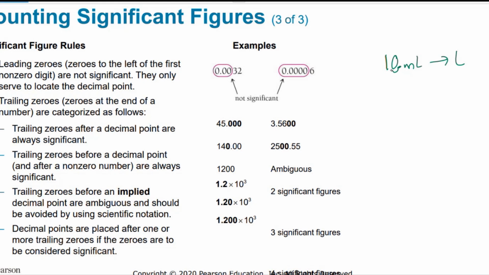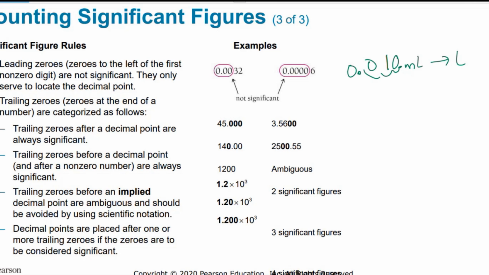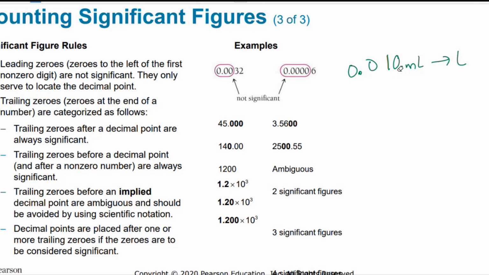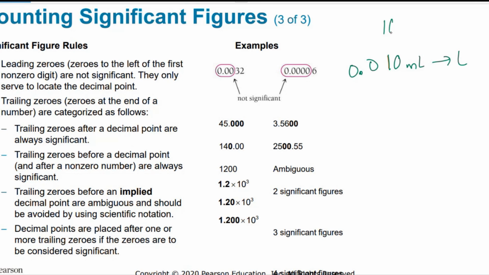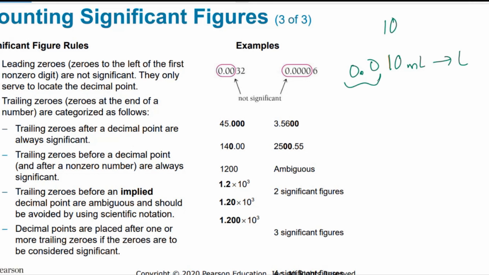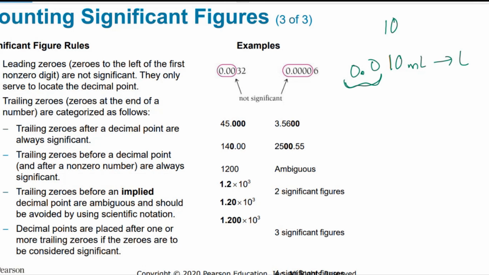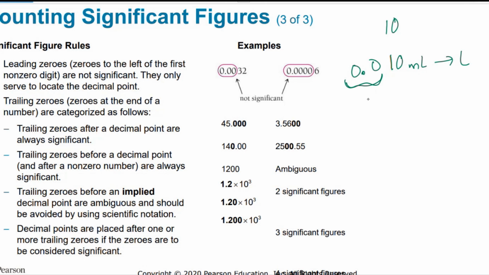So I have to put these zeros in just as placeholders, but my original number was just 10 milliliters, right? So these numbers were added as placeholders, and that's why they're not significant.